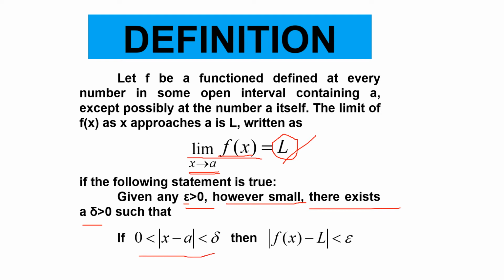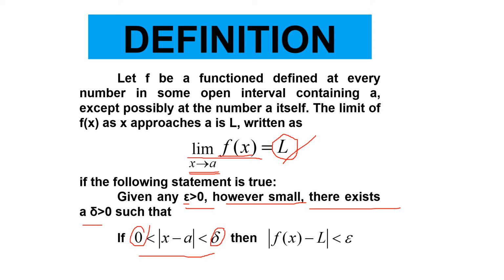So there's a given interval here between 0 and sigma, and the distance between your x and a should fall in between 0 and sigma.